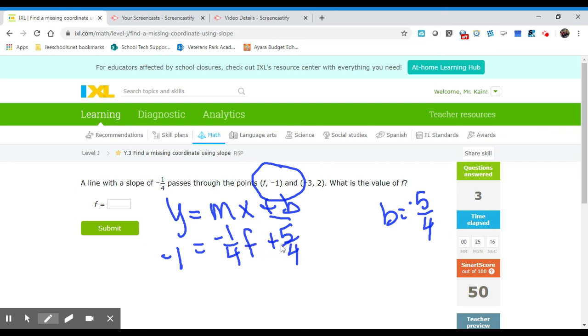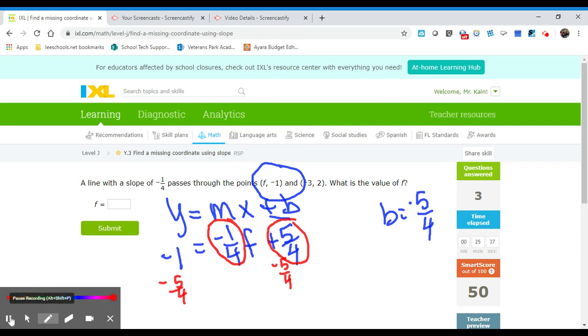So now, in order to solve for f like we did before, I need to get rid of this, and I need to get rid of this. I'm going to start with the add subtract by subtracting 5/4 from both sides, minus 5/4. So let me show you that off to the side.